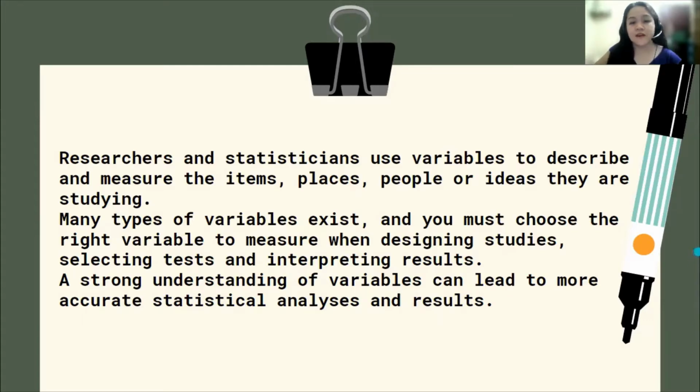Many types of variable exist, and you must choose the right variable to measure when designing studies, selecting tests, and interpreting results. So, navavary or naiiba ang variable na ginagamit ng researcher depende kung anong type of research ang ginagawa niya, kung anong design ang gagamitin niya, at kung sino ang kanyang mga respondents.